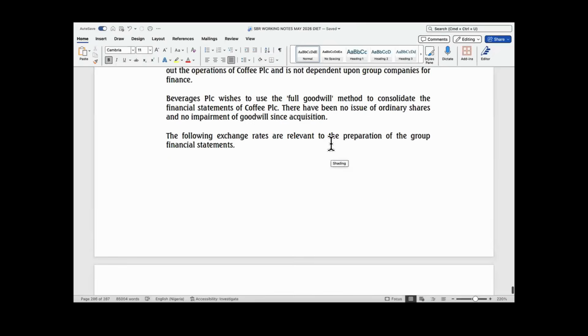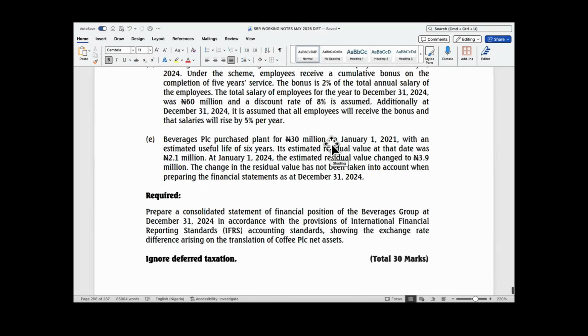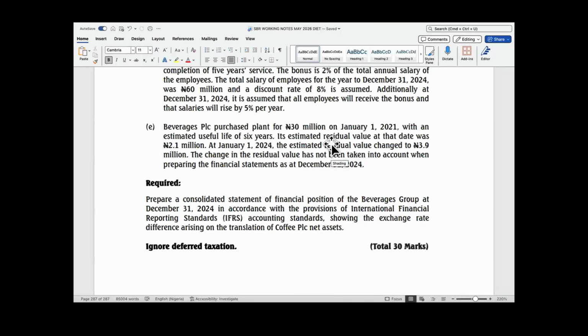So in the exam, go to the requirement first to know exactly what you're asked to do, so that when you're reading the question, you're reading it with the mindset of what you're required to do. Because you don't want to spend 10 minutes reading a question without creating a mindset, without thinking towards the core requirement of the question.